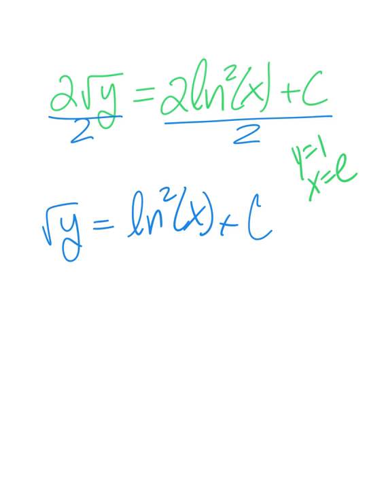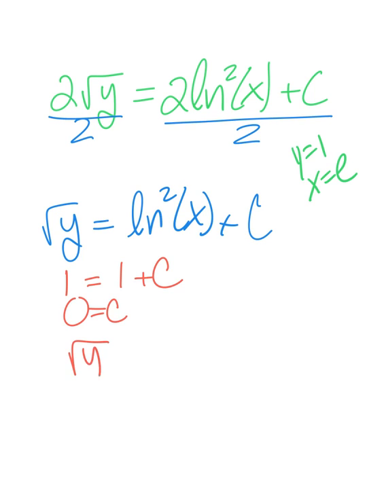Here's where I'll plug it in. y equals 1, so the square root of 1 is 1, equals natural log of e. Natural log of e is also 1. 1 squared is 1, plus c. So c actually equals 0.